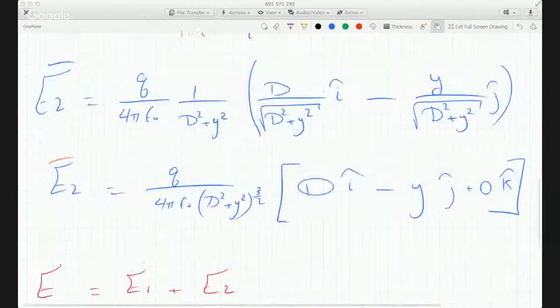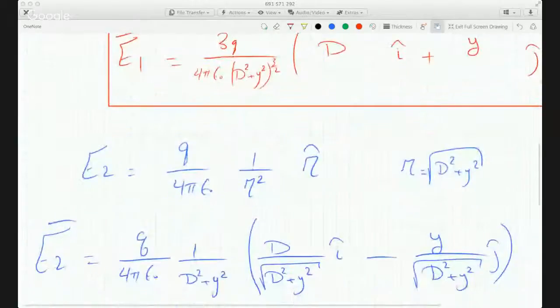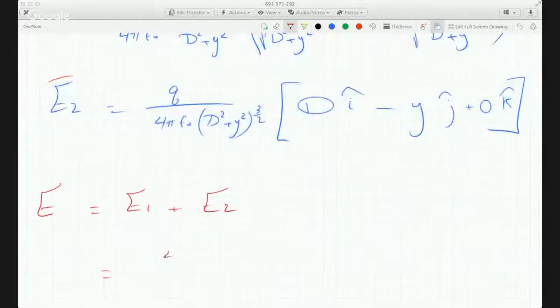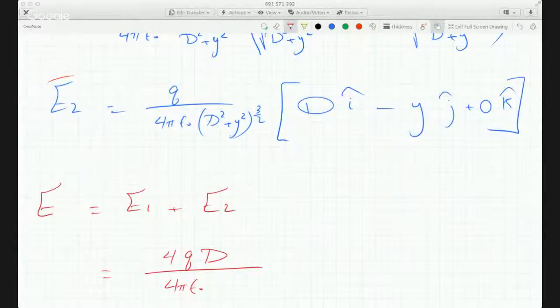You have 3QD plus QD, so that will get you 4QD over 4 pi epsilon. Let's leave the d in the parentheses, yeah.